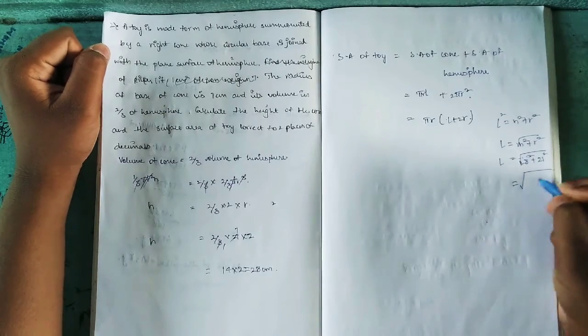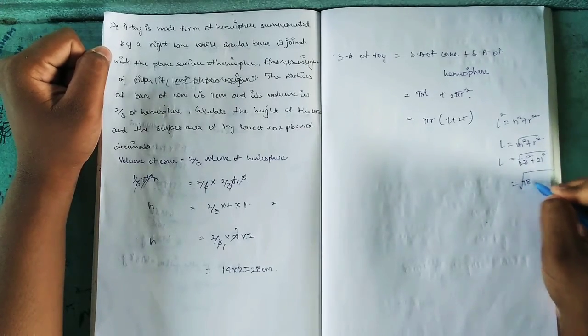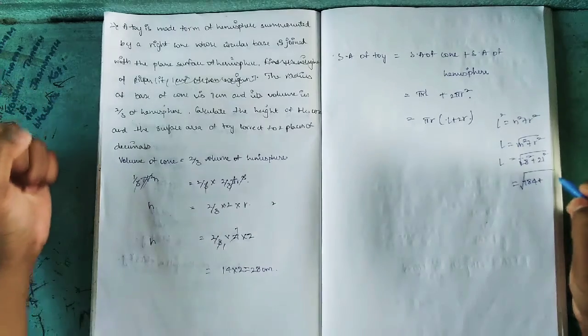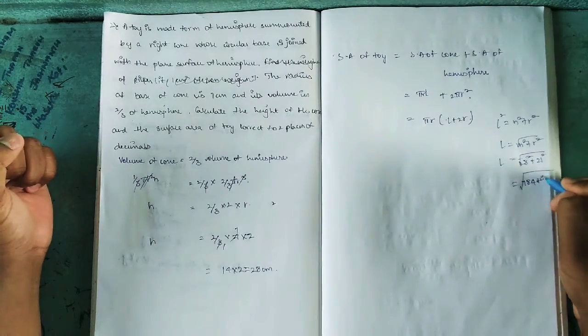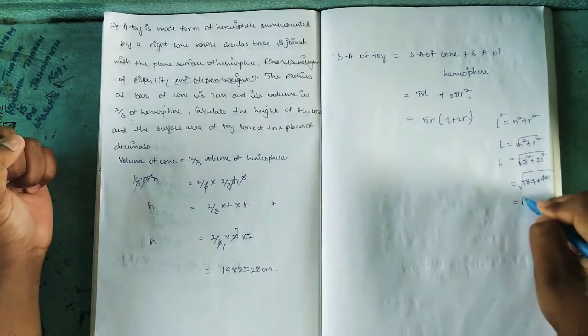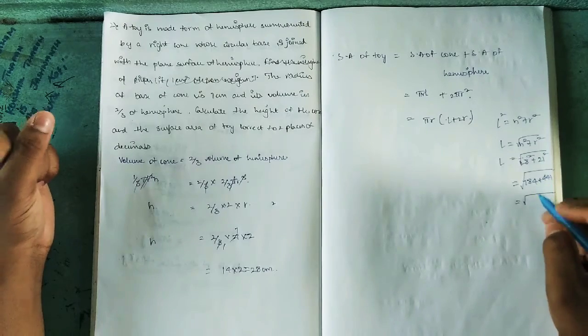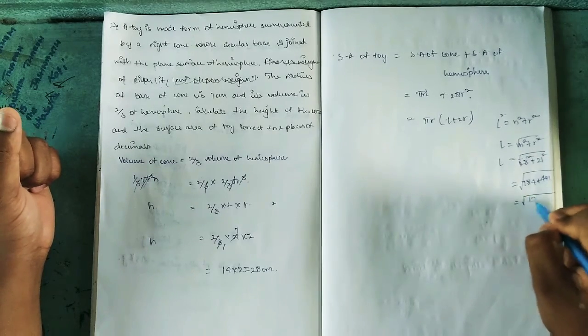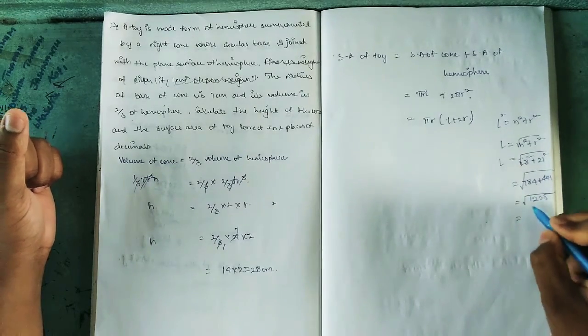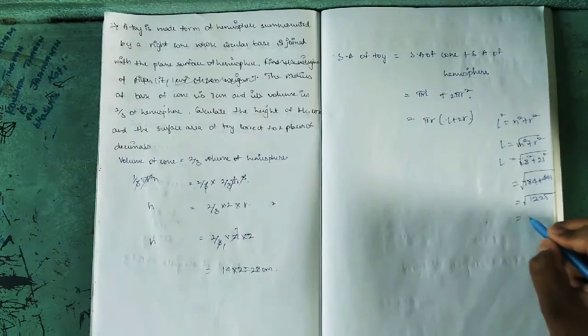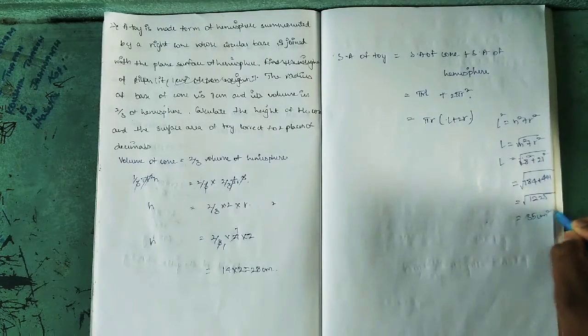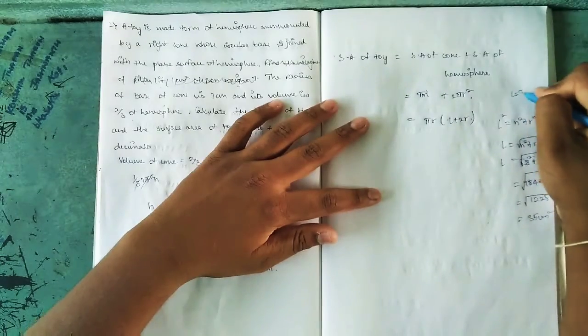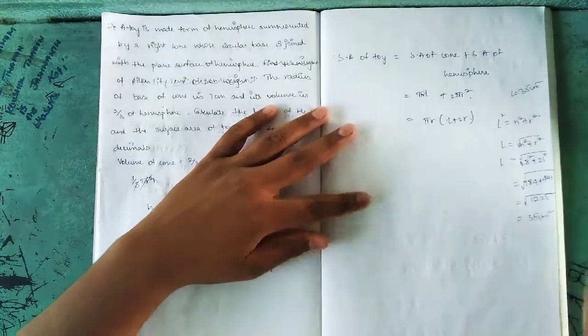So 28 square means 784 plus 21 square means 441, which is root of 1225. Therefore root of 1225 means 35 centimeter. So we have got l is equal to 35 centimeter.